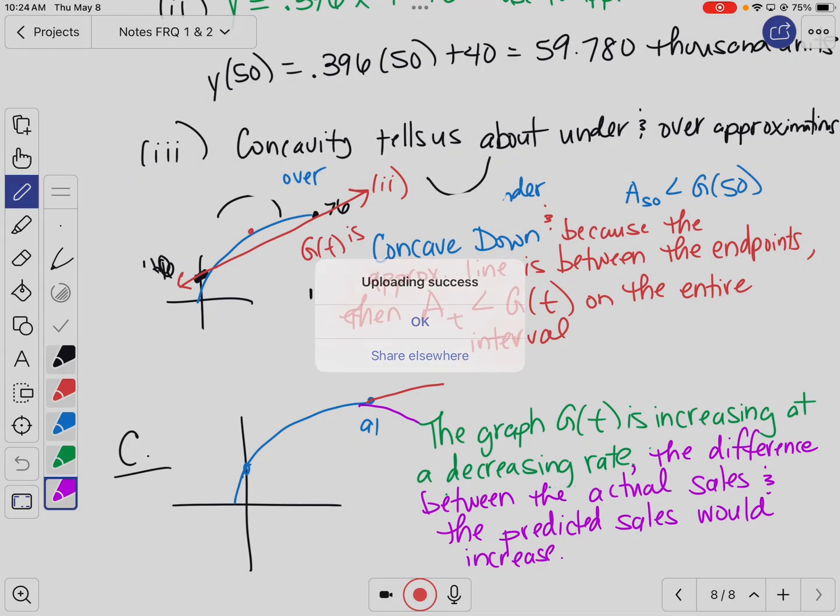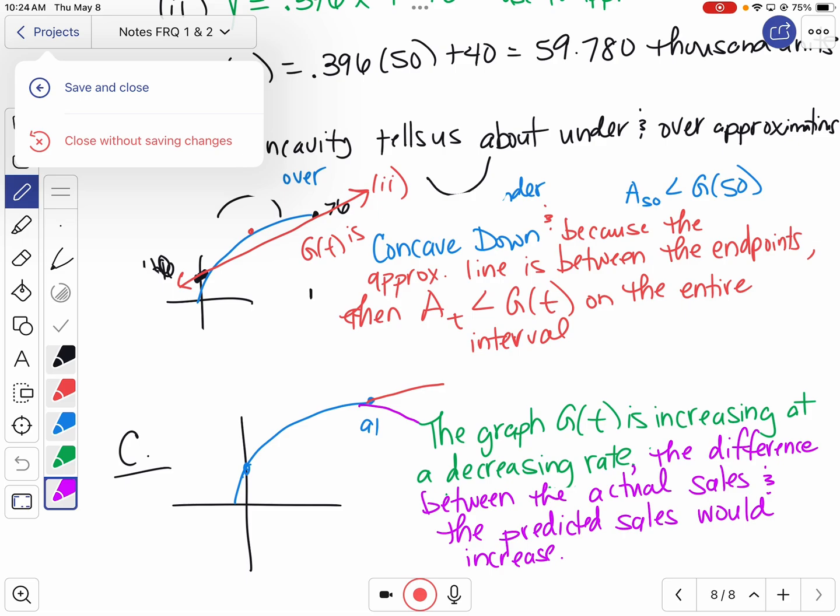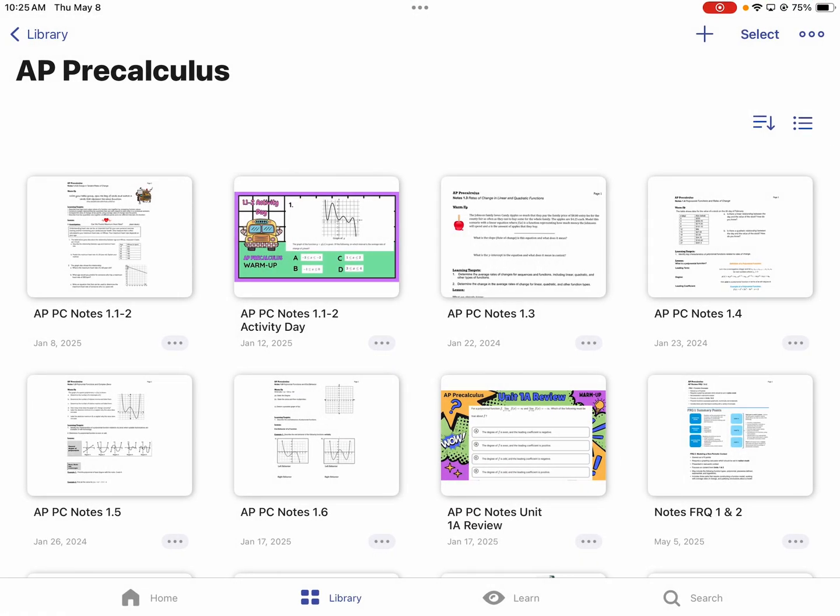Okay, got it. Oh, just kidding. All right, let's open that next one. All right.